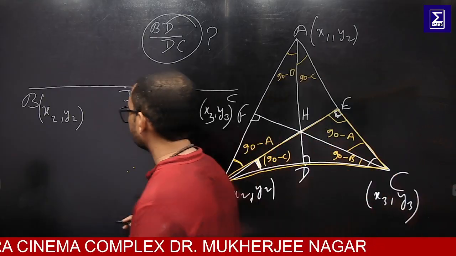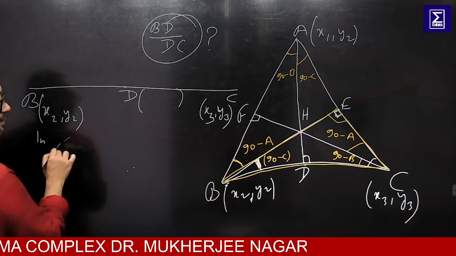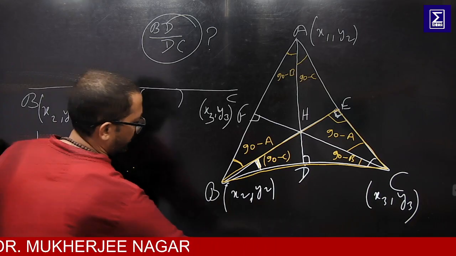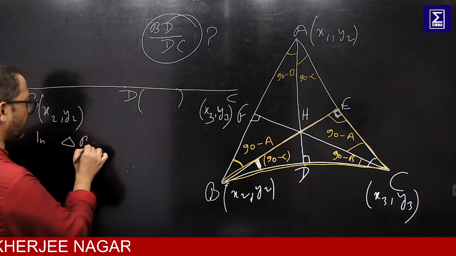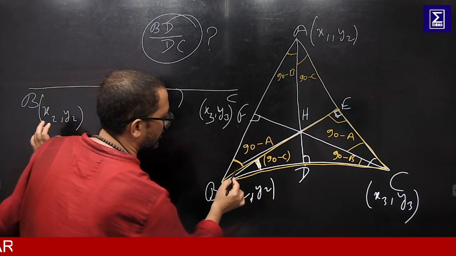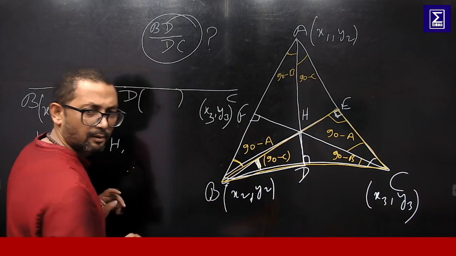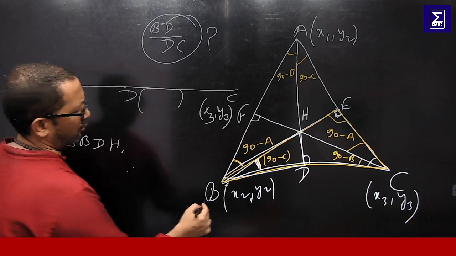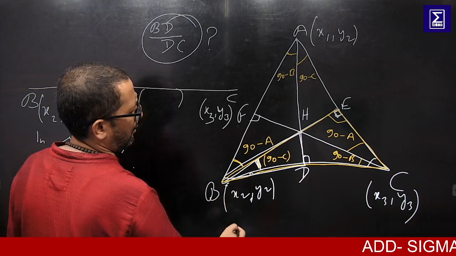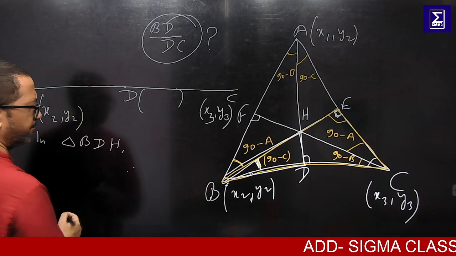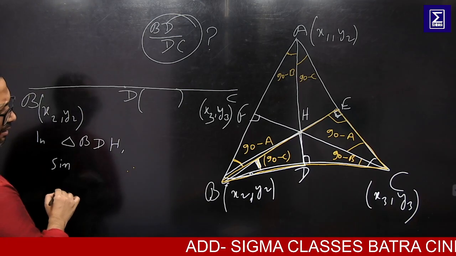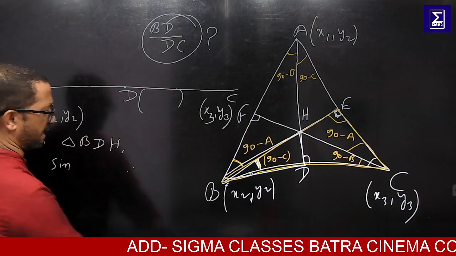Now see here, in triangle BDH, which one is BDH? This one. We have to get the relation for BD. We can take tan, so it will be easy.